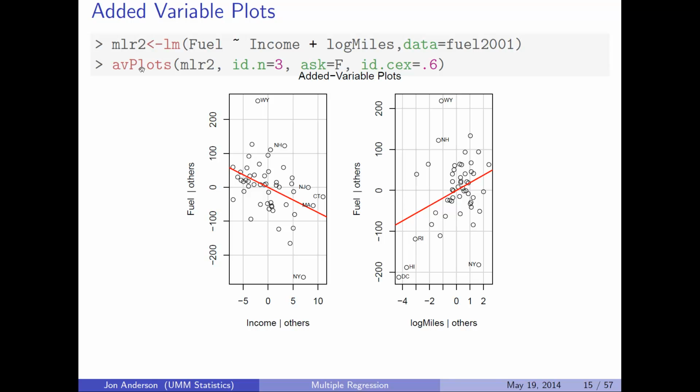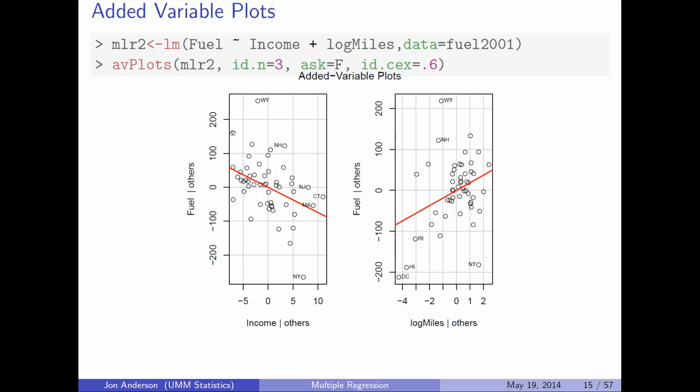If we would not take away part of the display, here's what the plain avPlots command would produce without any additional options. It would produce an added variable plot for each variable after the others. So you've seen this plot on the right previously. This is for adding log mileage after income. The added variable plot on the left is for adding income after log mileage.